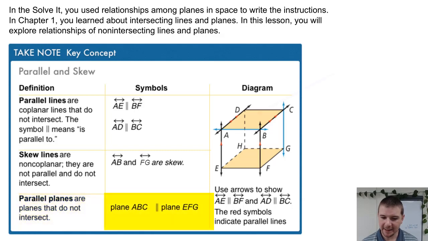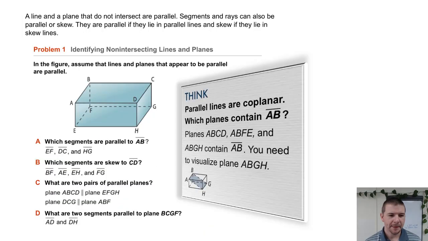Plane ABC is parallel to plane EFG. A line and a plane that do not intersect are parallel. Segments and rays can also be parallel or skew. They are parallel if they lie in parallel lines, and skew if they lie in skew lines.